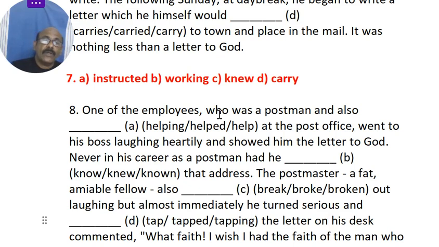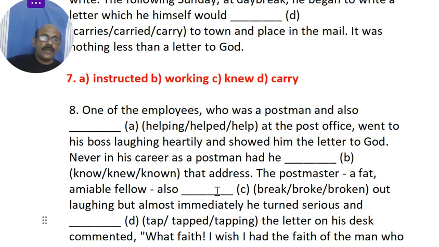The first, who was a postman and also dash at the post office. Who was a postman and also dash helped at the post office. His work also that only. Next, never in his career as a postman had he dash. That is, had he known, had plus V3, known, V3 rule.